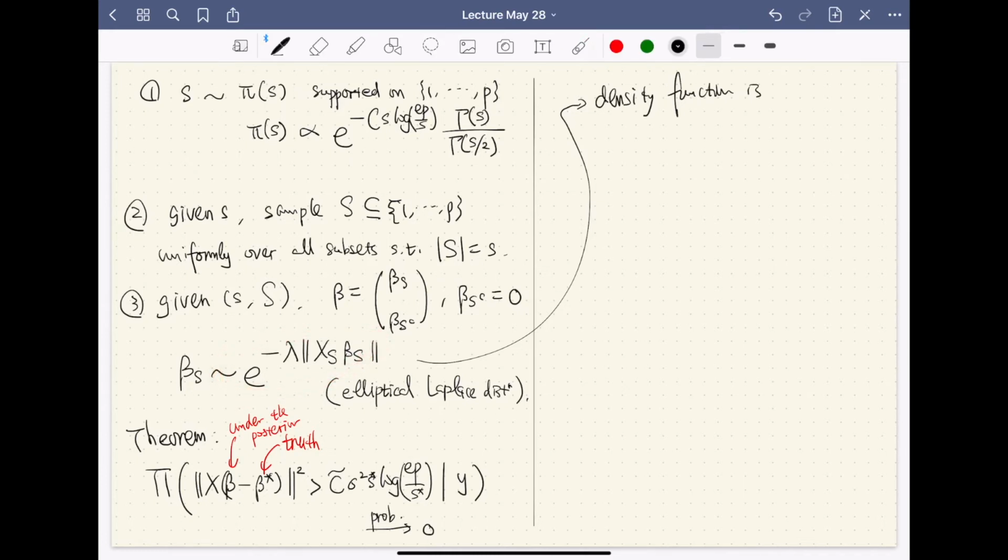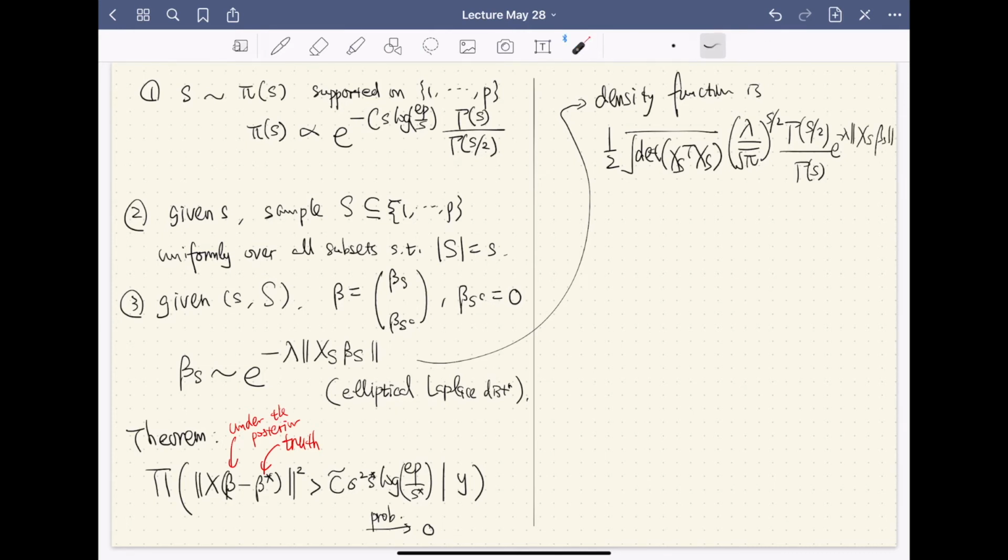So I didn't write out the normalizing factor, right? So here I'm going to tell you what the normalizing factor is. This is the normalizing factor, 1/2 square root determinant of X_S transpose X_S, and then (lambda over root pi) to the power of s over 2, gamma(s/2), e to the negative lambda times the L2 norm of X_S beta_S.